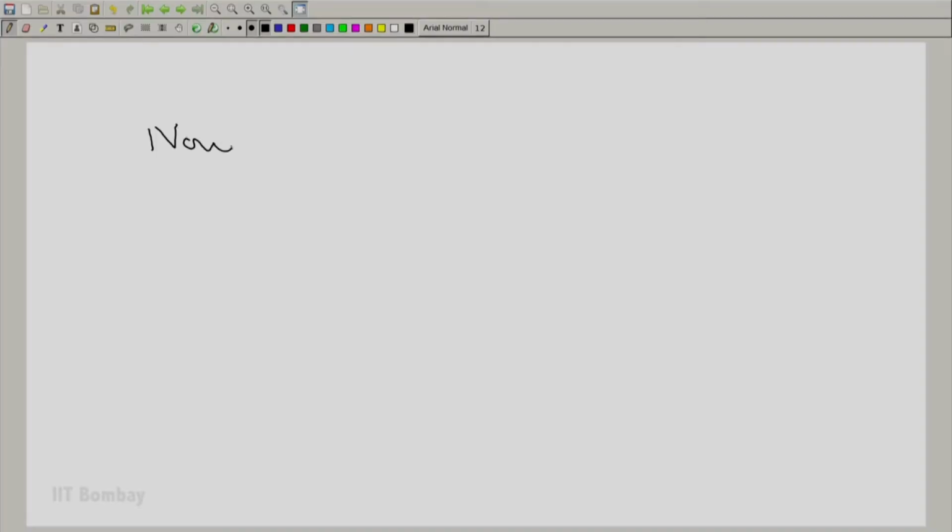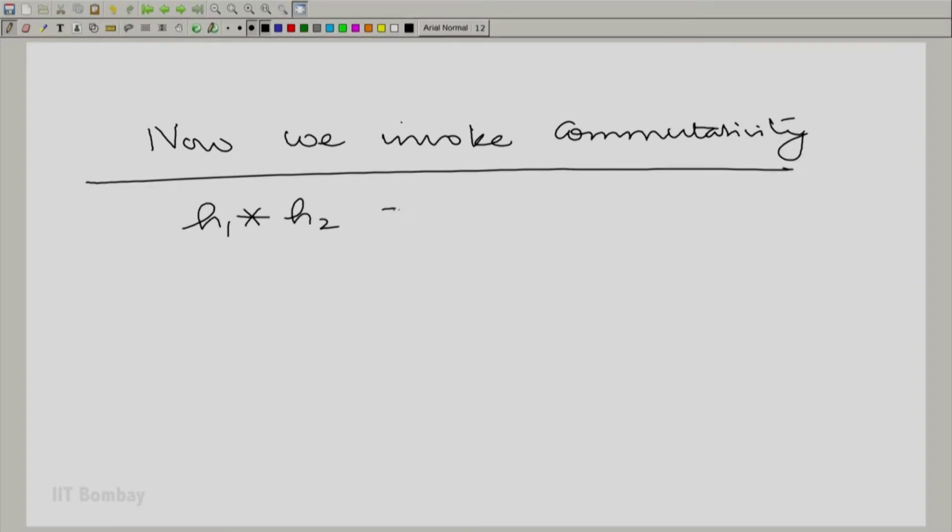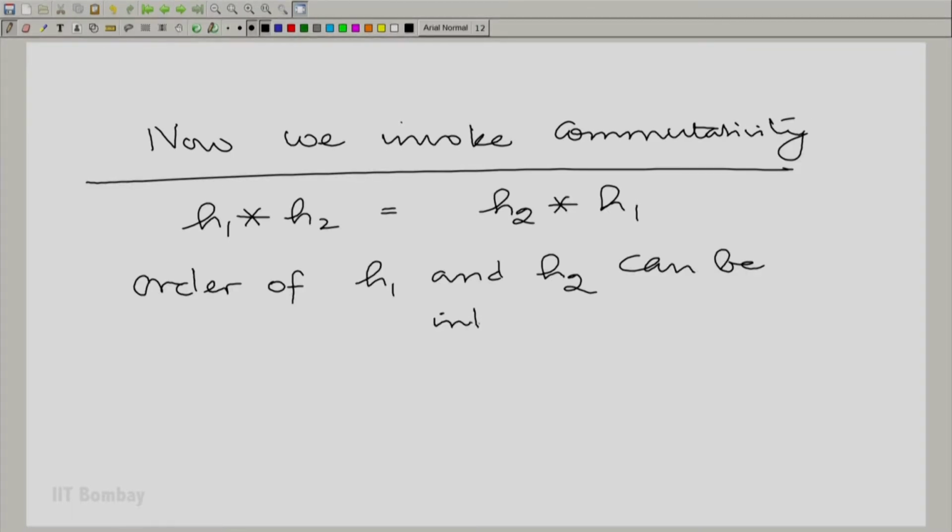And now, the moment the impulse response becomes the convolution of the two, you can invoke commutativity. So, let us do that. Now, we invoke commutativity. H1 convolved with H2 is the same as H2 convolved with H1.